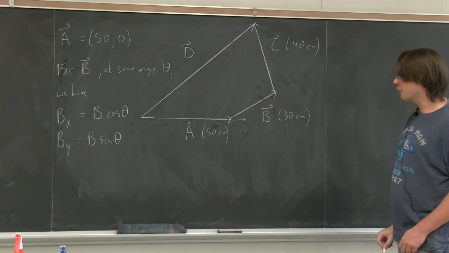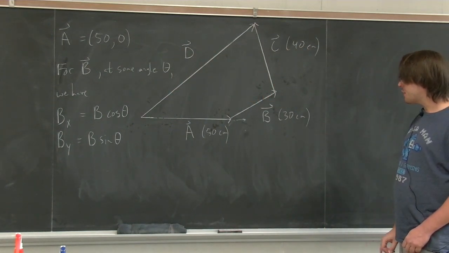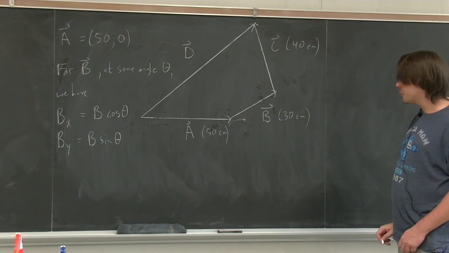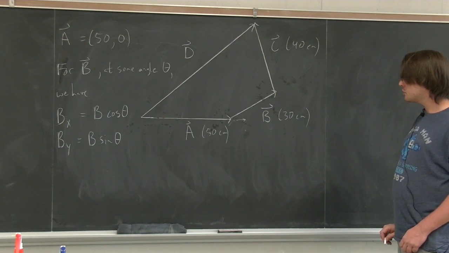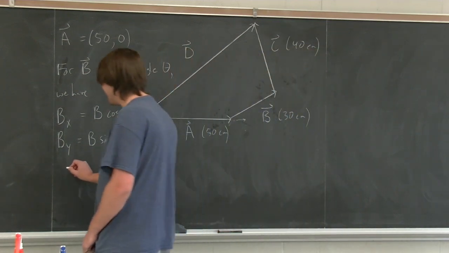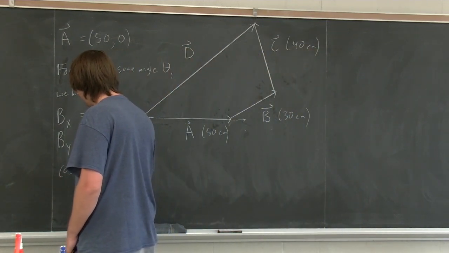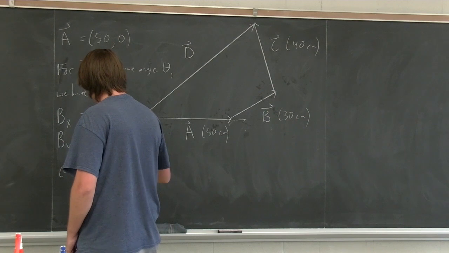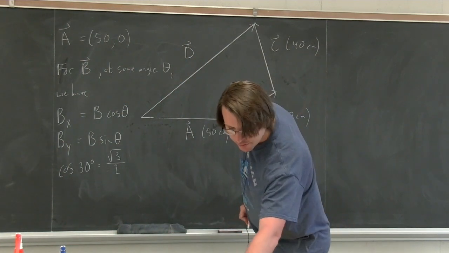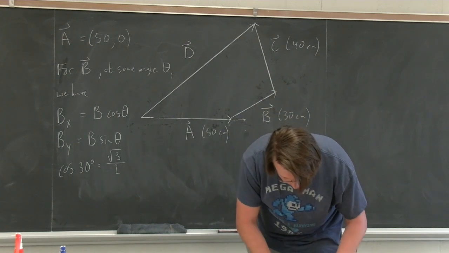Okay, so what do we have there? We have B is at 30 degrees. So the cosine of 30 degrees is square root of 3 over 2, right? It's been a while. So cosine of 30 degrees equals square root of 3 over 2. And I have to get a calculator to get the value for that anyway. 0.85.